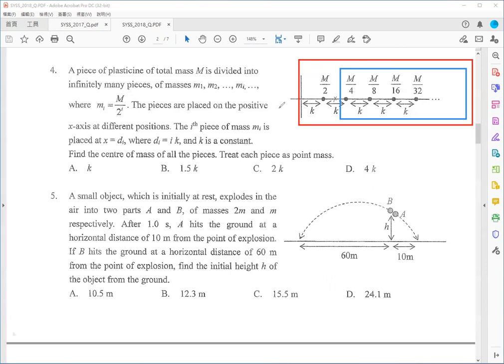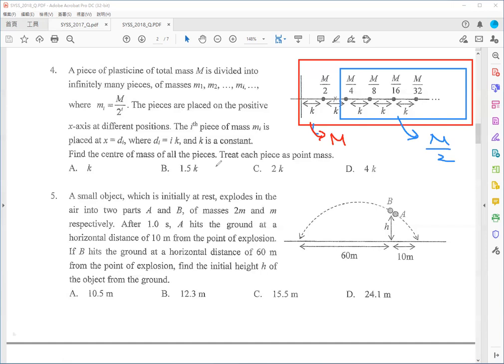And then first of all we find the total mass of the red one. We have found it, right? The red one, the total mass is m. The blue one, you know every term is just half of the red one, so the total mass should be m over 2. Just that simple.